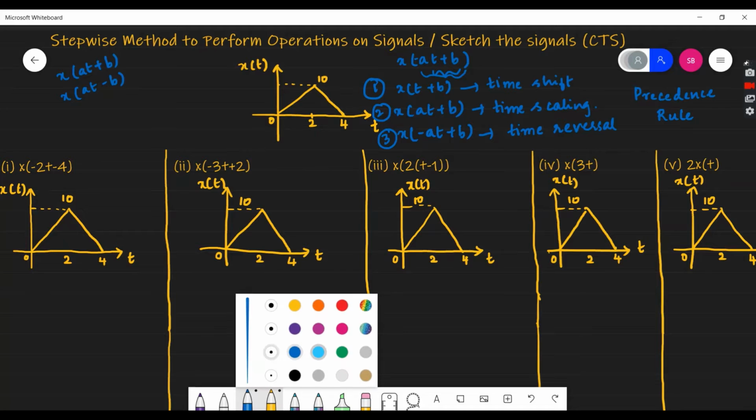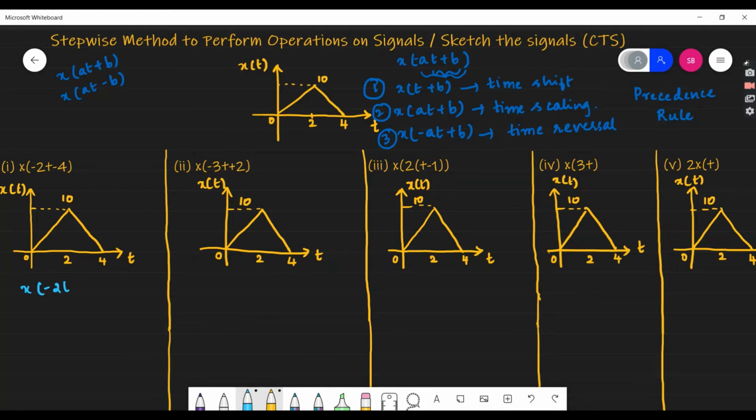First let us solve the first problem, x of minus 2t minus 4. Here, first I have the time shift. Then 2t minus 4 is time scaling. Then minus 2t minus 4 is time reversal.